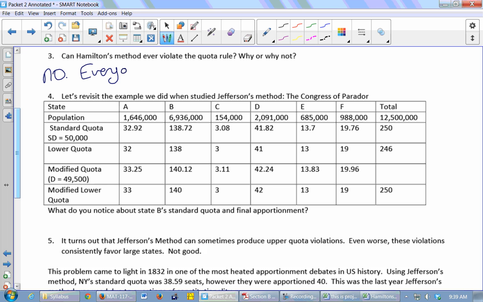So we'll say everyone gets at least the lower quota, okay? Because that's how the method works. Everyone gets their lower quota. Then some states get one more seat, giving them the upper quota.